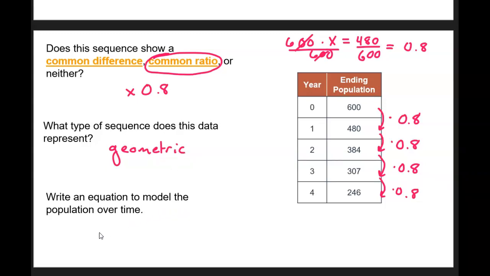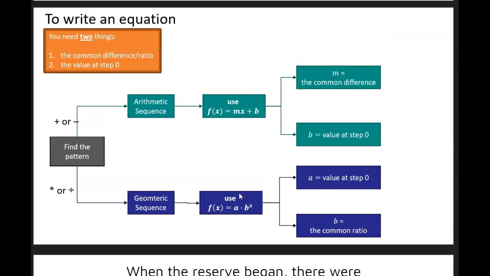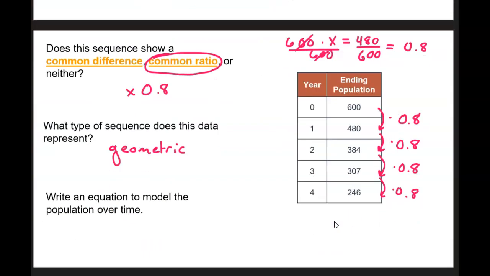And then we need to write an equation to model the population over time. Okay, let's go remind ourselves of what this looks like for geometric. Here we go. Geometric sequence is going to use a times b to the x. And then a is the value at step 0 and b is the common ratio. Okay, so let's come back down here and write that. This is going to be f of x equals a times b to the x.